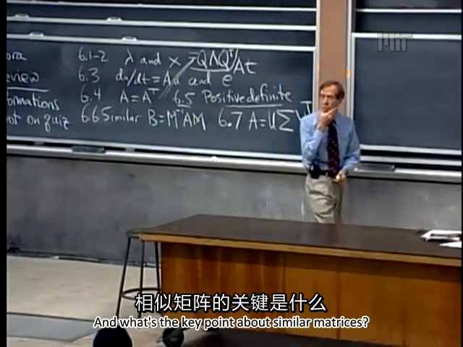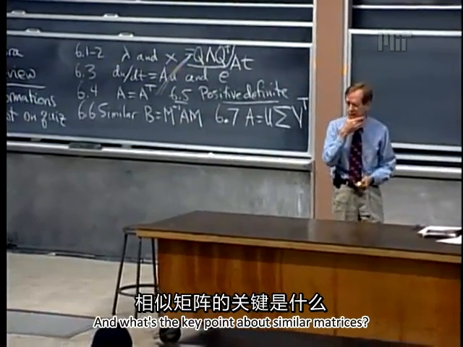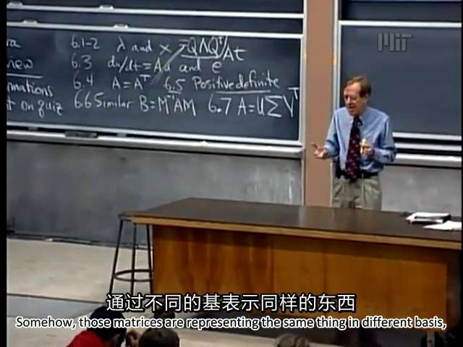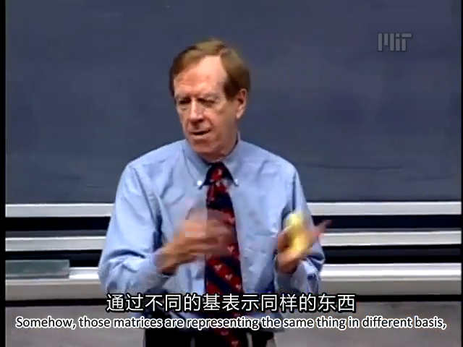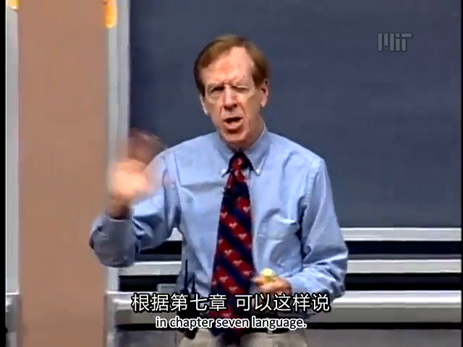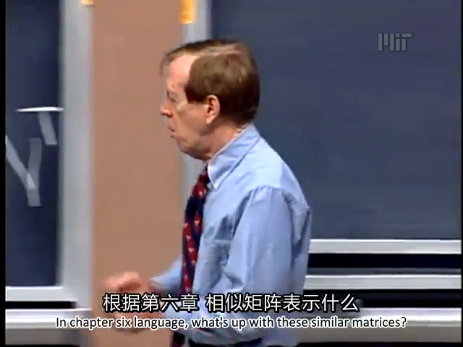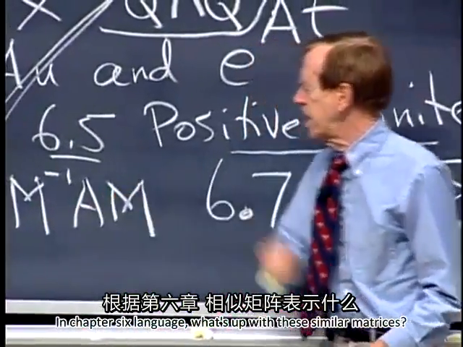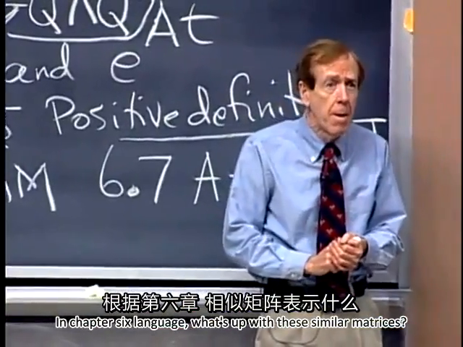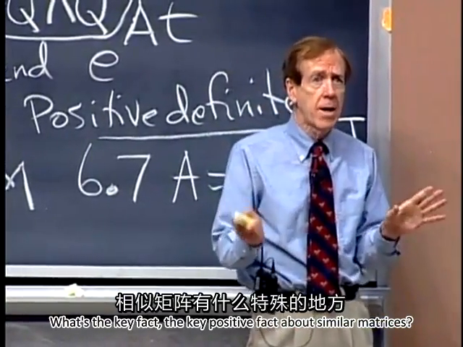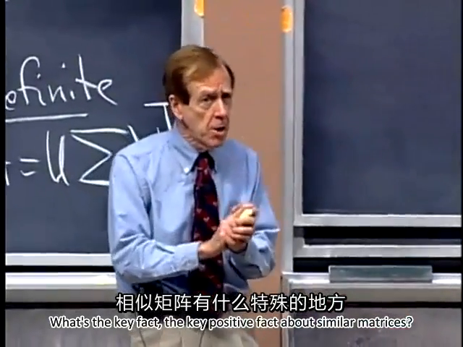And what's the key point about similar matrices? Somehow those matrices are representing the same thing in different bases, in Chapter 7 language. In Chapter 6 language, what's the key positive fact about similar matrices?